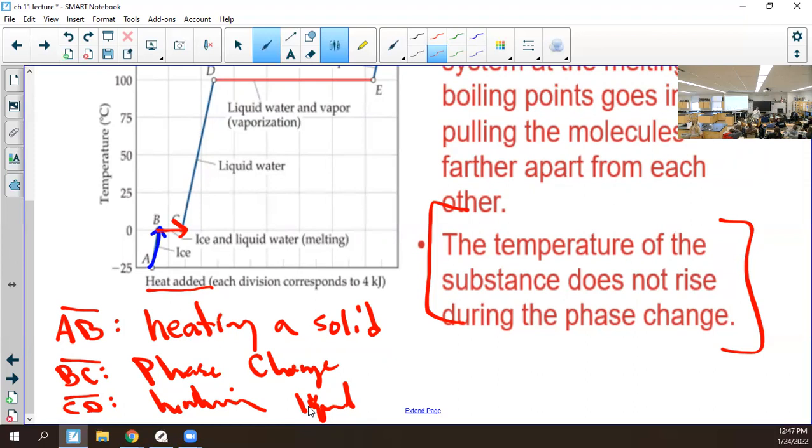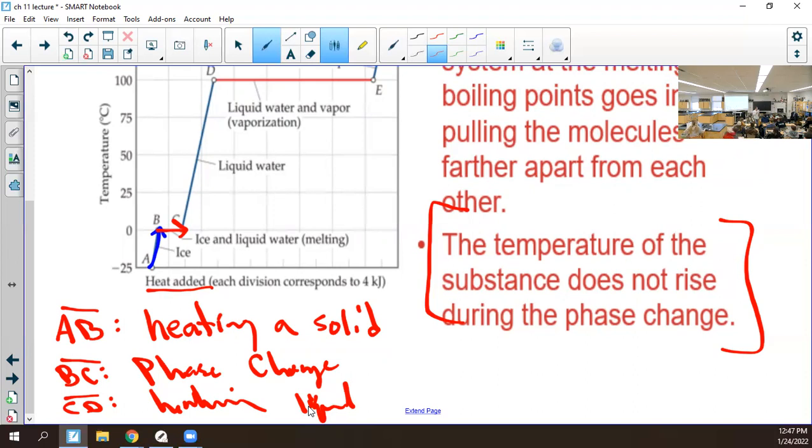It doesn't rise. Now, if you leave it still, the top gets warm and the cold's cold. But overall, it stays constant because all that energy until the ice is gone is going into what? Melting the ice. So that's why your cup with ice in it stays the same temperature the entire time.